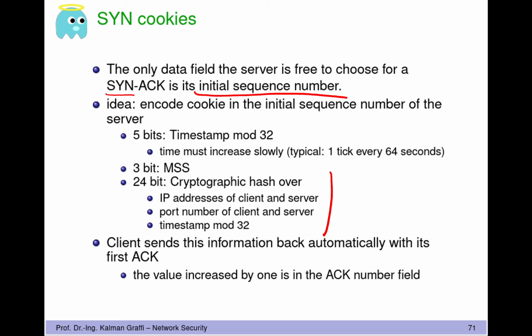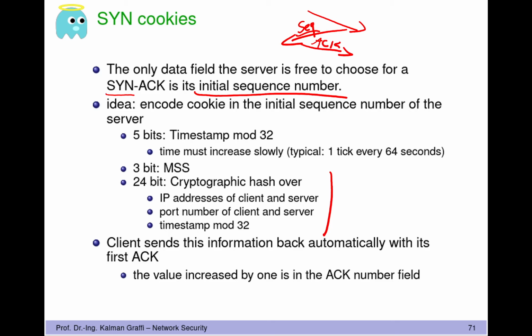So we select a specific sequence number from the server side, and the next time the connection is confirmed in the three-way handshake of TCP, then we can basically check the sequence number that is acknowledged to us. So this is what we sent, +1.